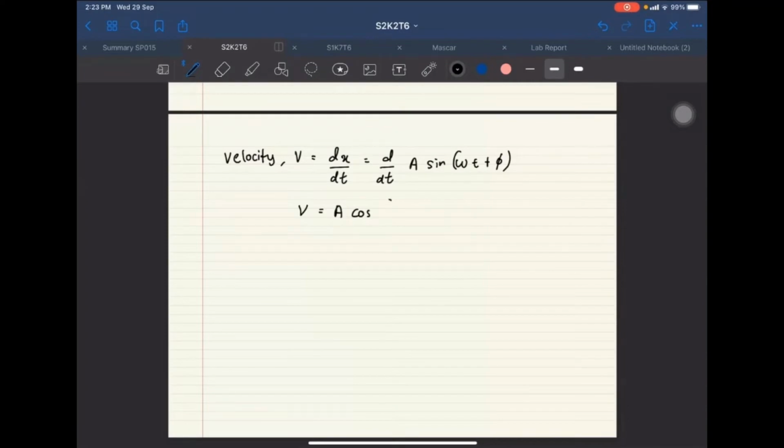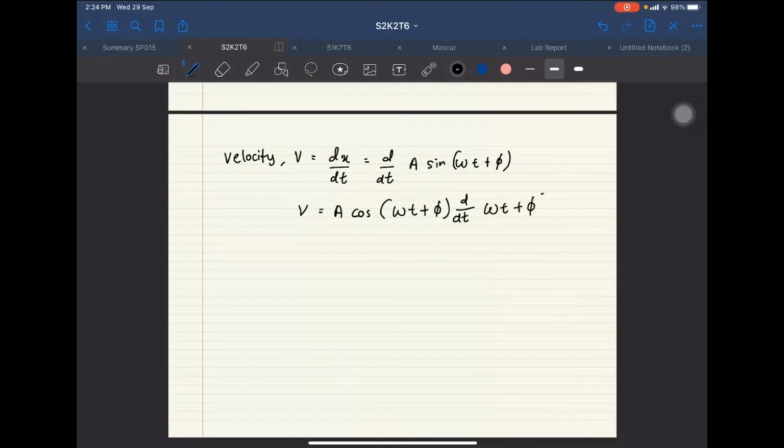Yang dalam sine tu berubah tak? Tak berubah, okay. Lepas tu, ada apa lagi? Angular. Okay. Dia sebenarnya cara dia, kamu differentiate kan. Yang constant tu biar. Yang sine jadi cos. Dalam ni biar. Lepas tu kamu kena differentiate yang dalam tu pula, with respect to time.